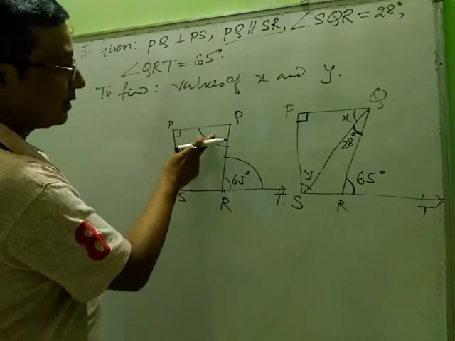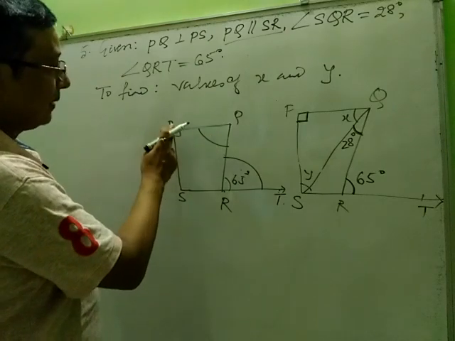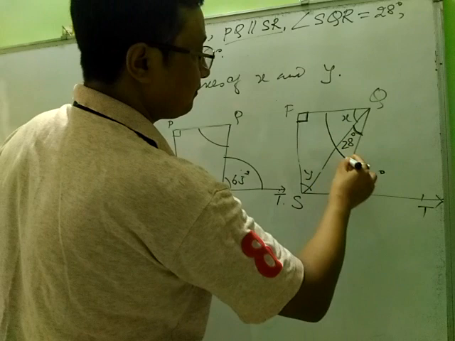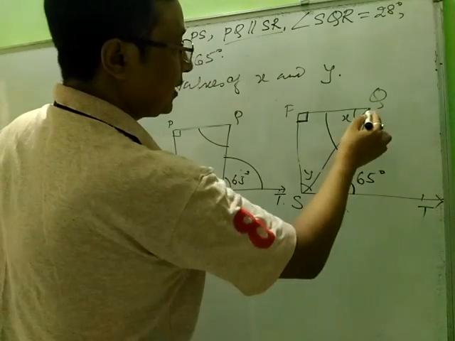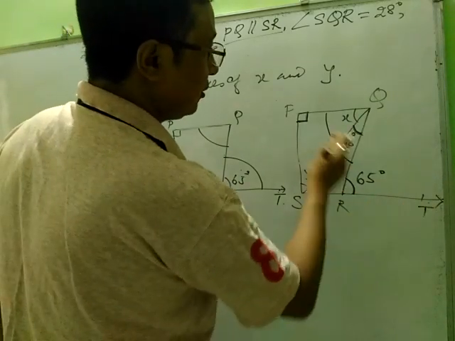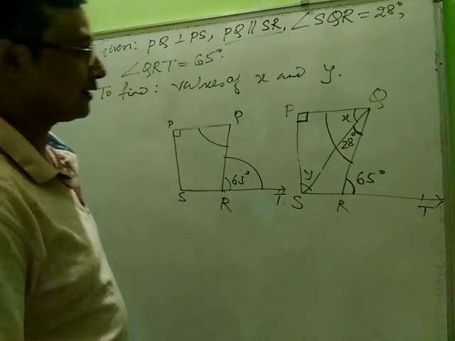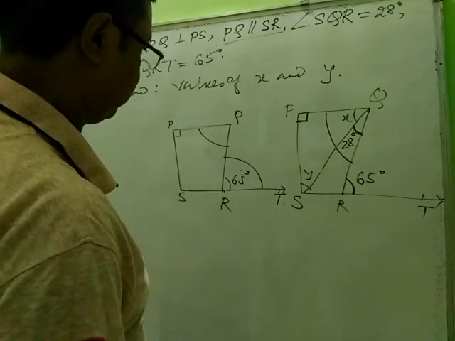So these are the two alternate interior angles. That means angle PQR equals angle QRT, which measures 65 degrees due to alternate interior angles.